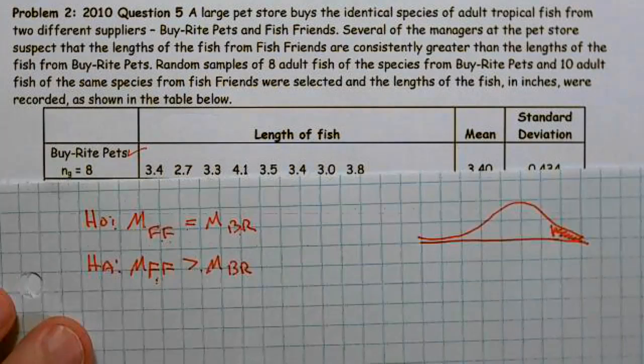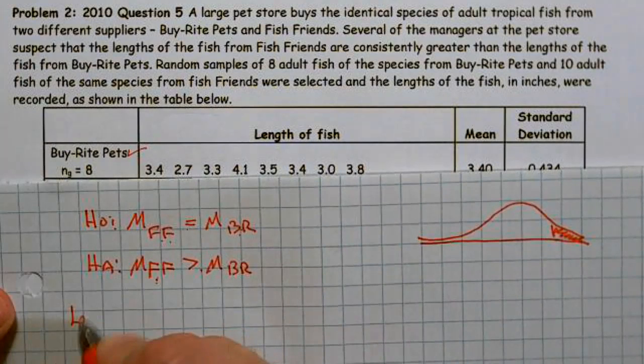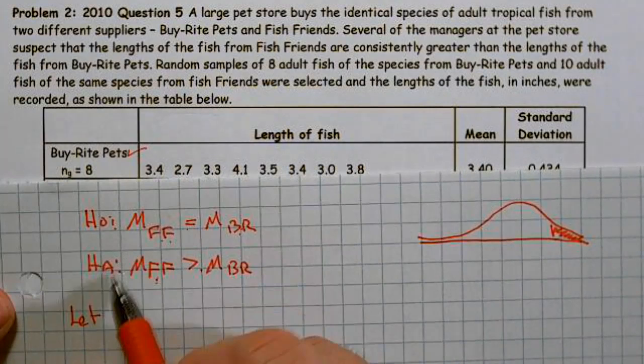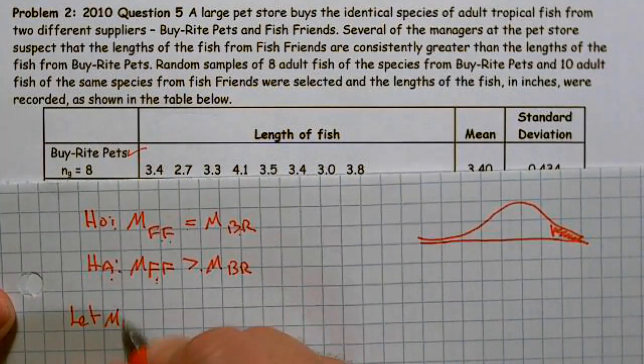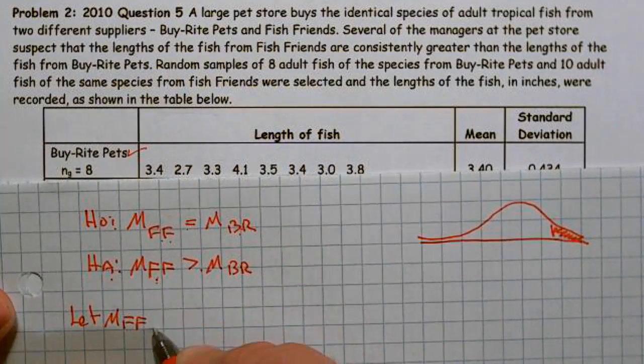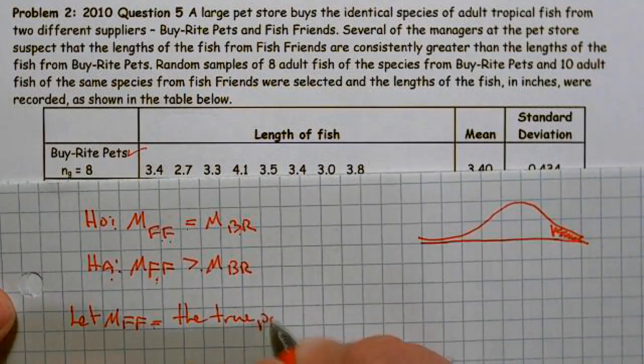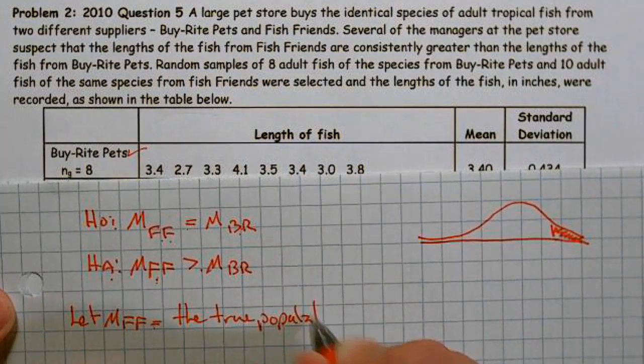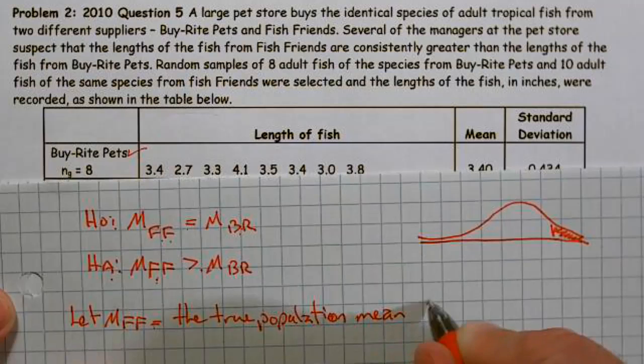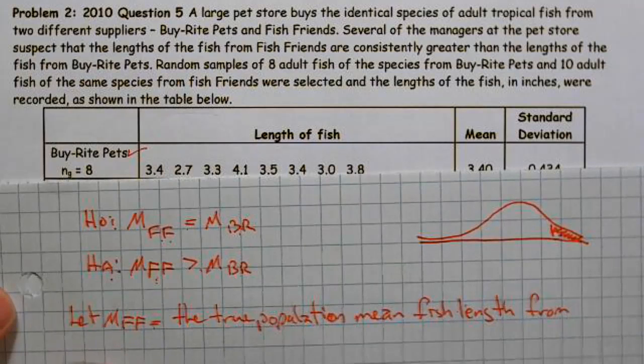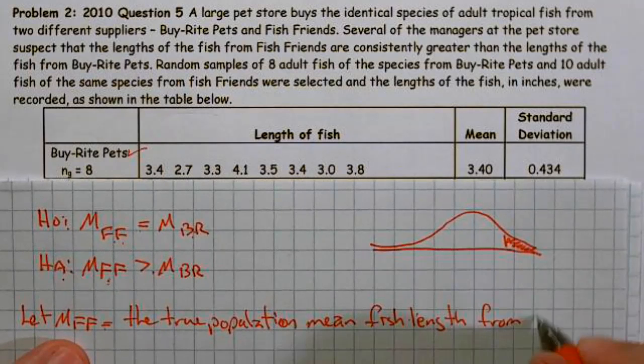So here we go. We're going to have to define our parameters. And our very first parameter is: let mu of Fish Friends equal the true population mean fish length from Fish Friends.